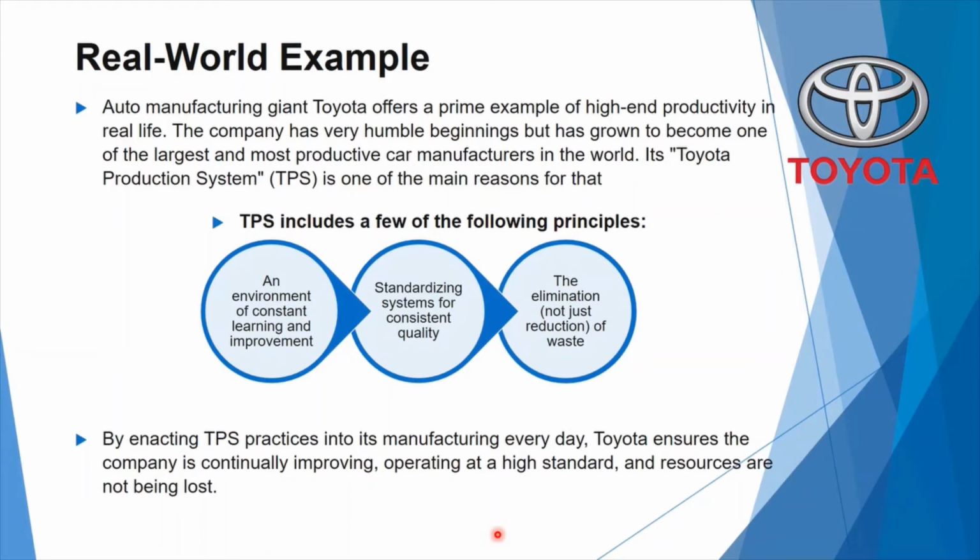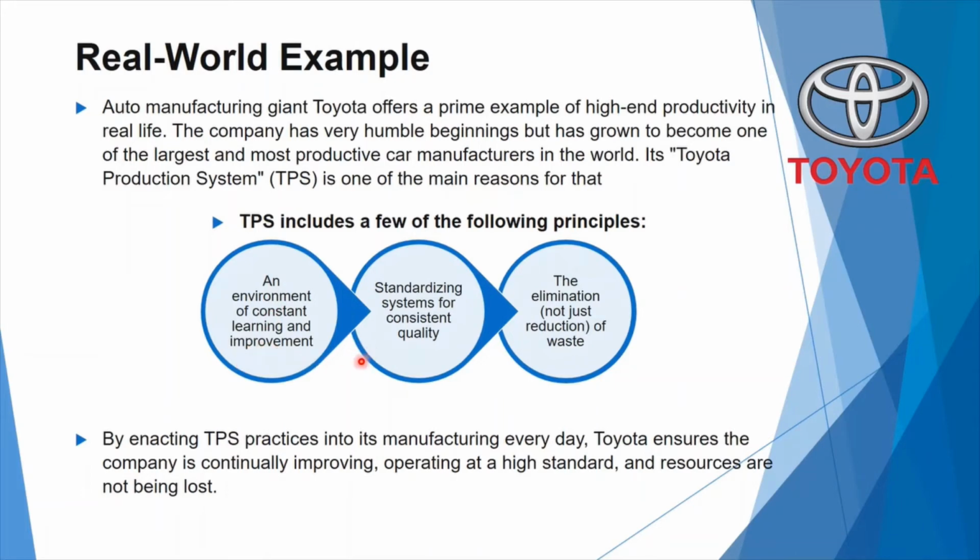TPS includes a few of the following principles for achieving the most productive car manufacturer in the world. So let's begin. First principle: an environment of constant learning and improvement.